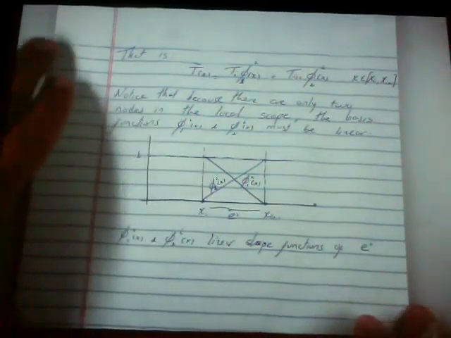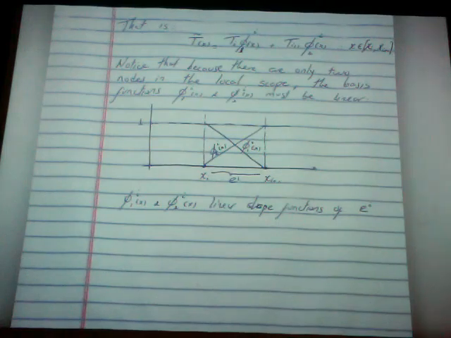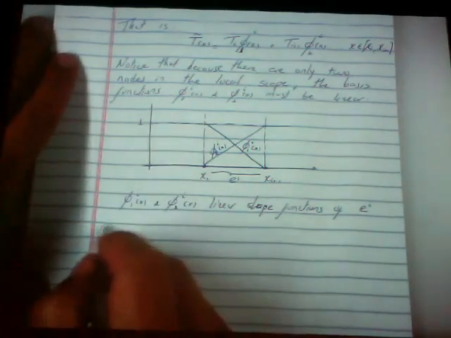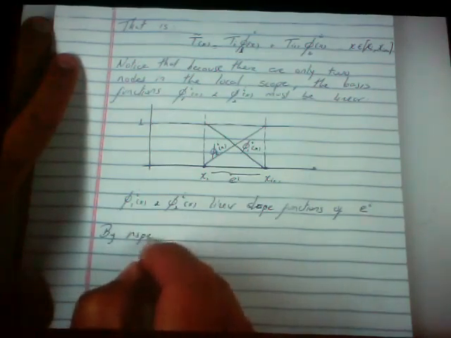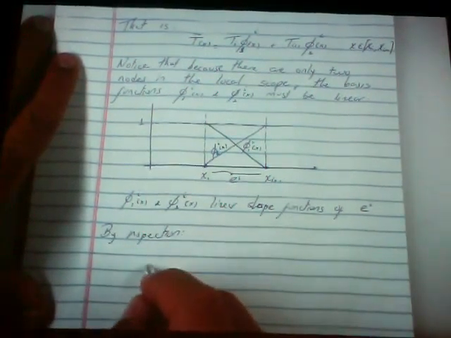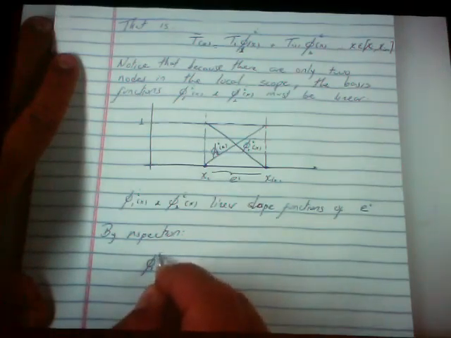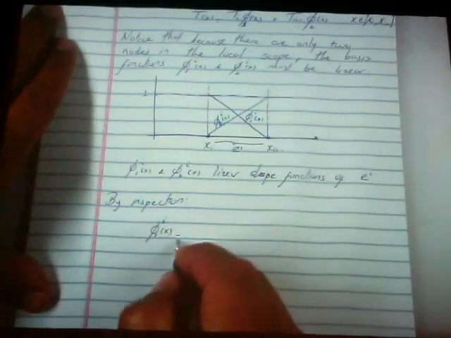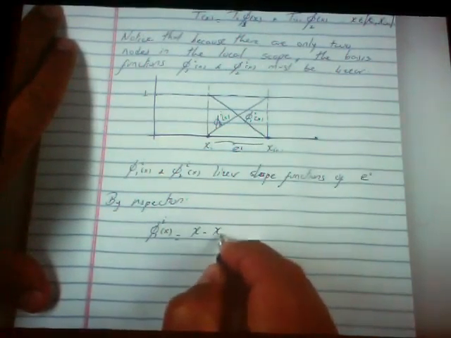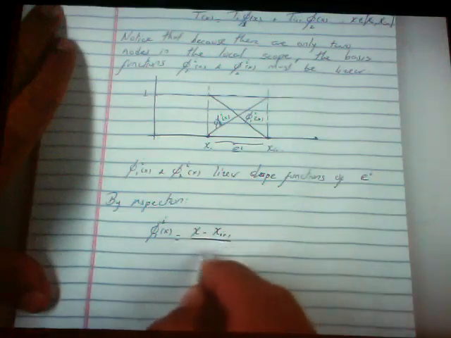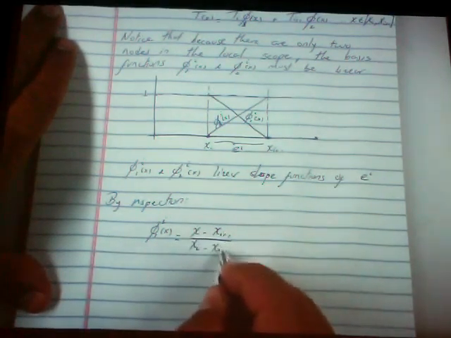So these are very easy to determine, sort of like what we did with the parabolic ones. We had three shape functions because we had three nodes. This one by inspection, we can see that phi1 has a negative slope, and it would be x minus xi plus 1 divided by xi minus xi plus 1.